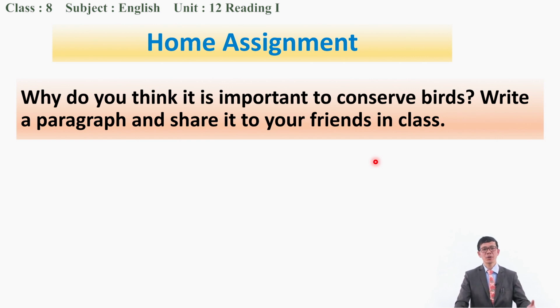What is the importance of bird conservation? Think up some of your ideas and write a couple of paragraphs, and you can show it to your friends and to your teachers.